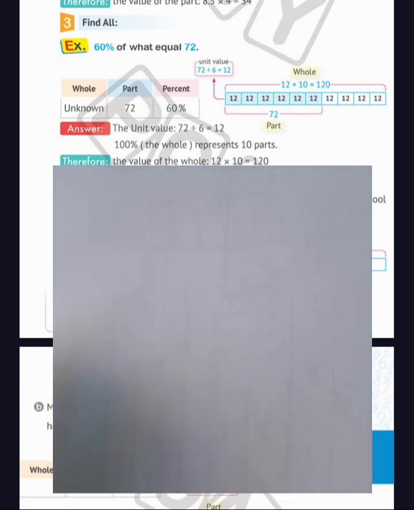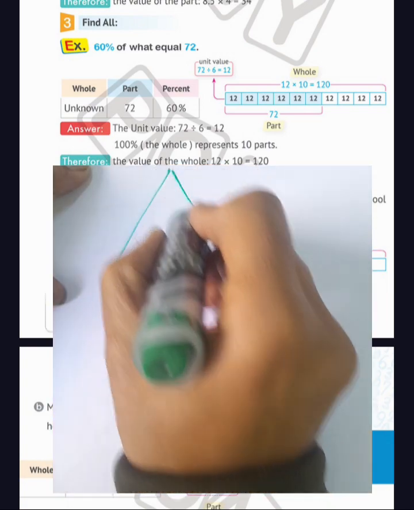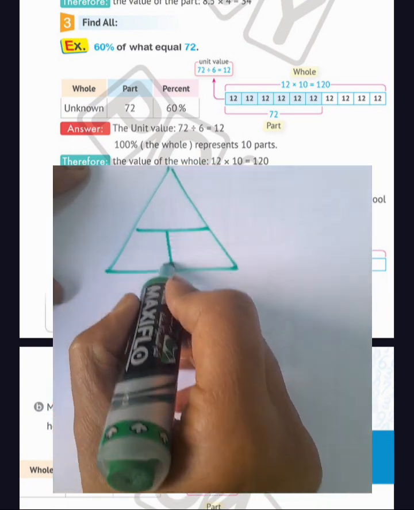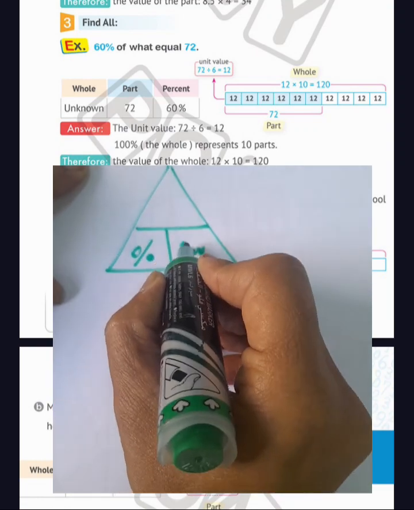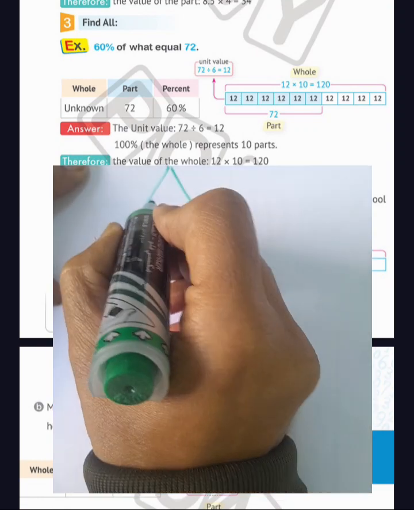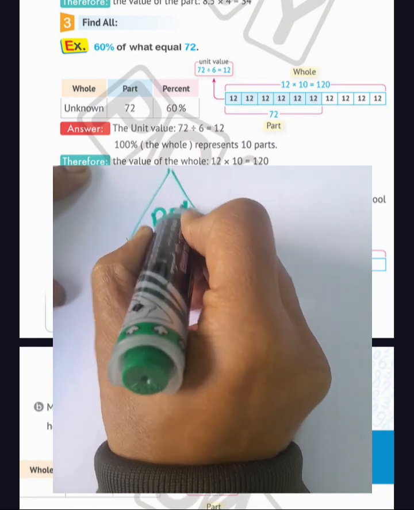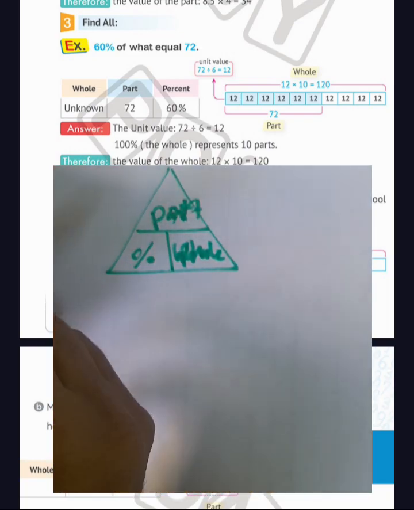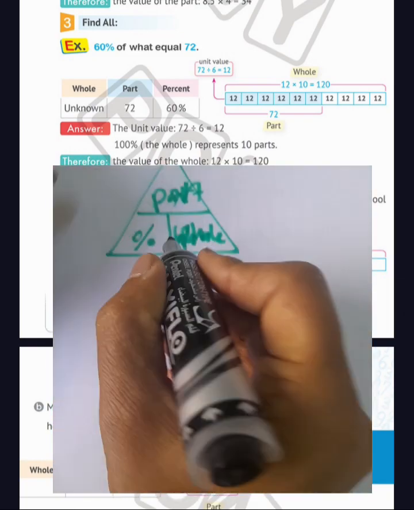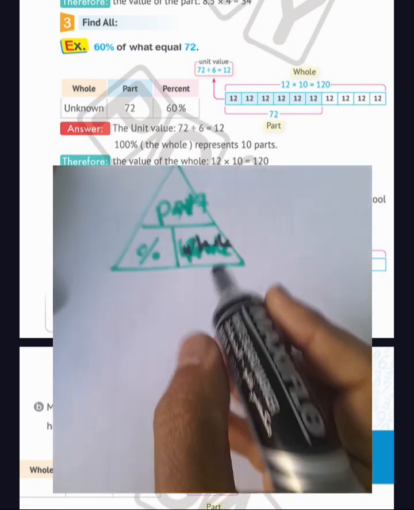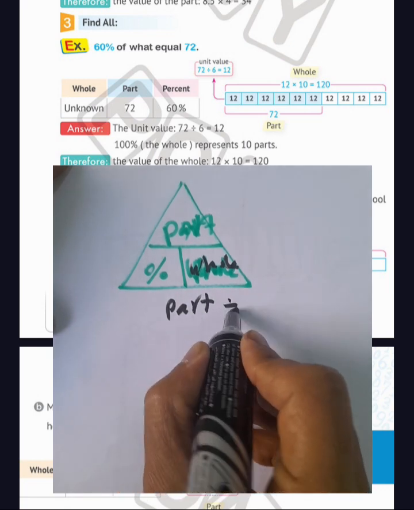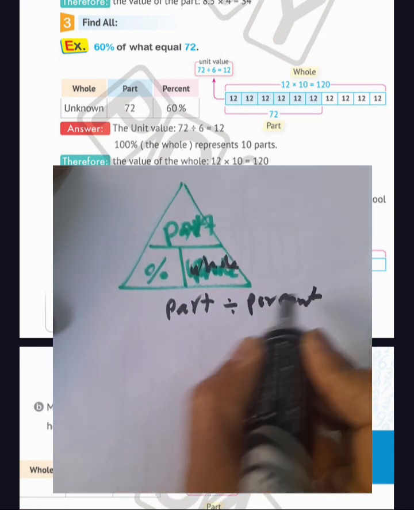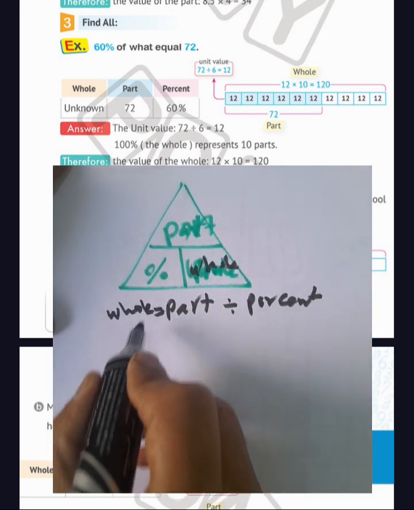If he gives us the part and percent, you can solve this example by drawing this table. Here we know the percent and the part, the percent and the whole number, and the part. We want to find what? The whole number. To find the whole number, you must divide the part by the percent.